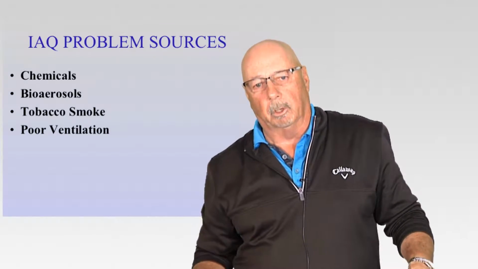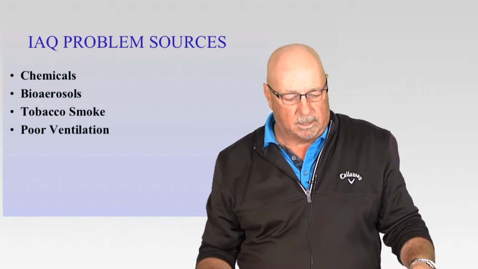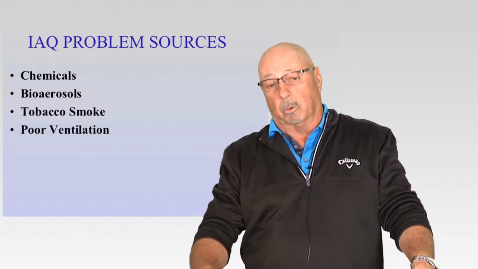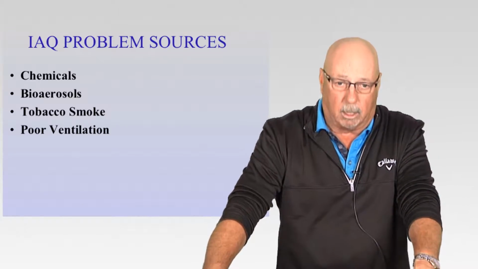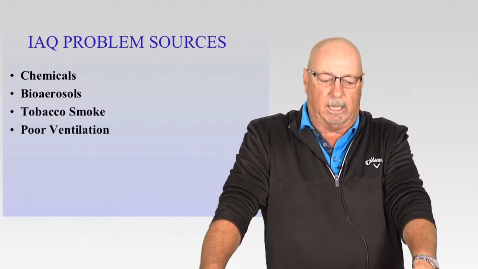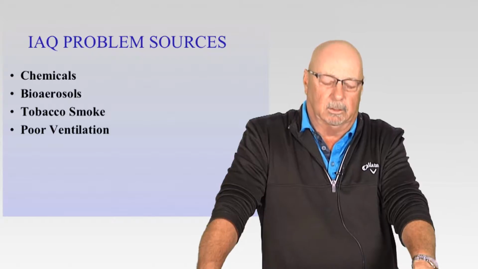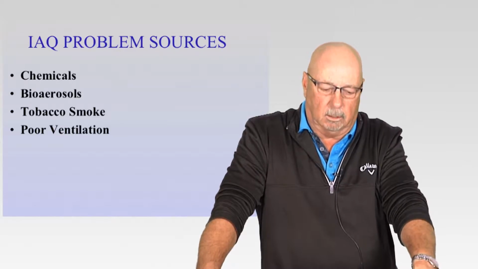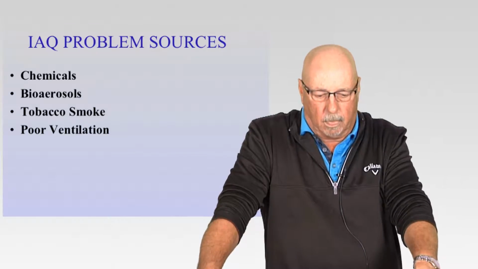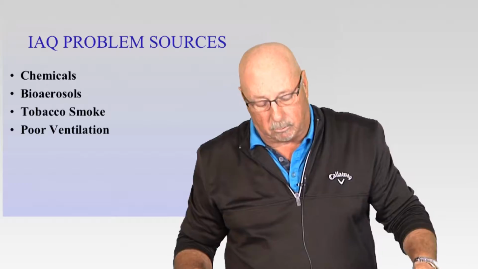Bioaerosols, what we're referring to again, is bacteria, mold, and fungi types of problems. At one time, tobacco smoke used to be a really common indoor air quality problem, but now that in most states tobacco smoke in buildings is prohibited, we've seen a reduction in the number of problems associated with smoking in any kind of workplace or building structure.